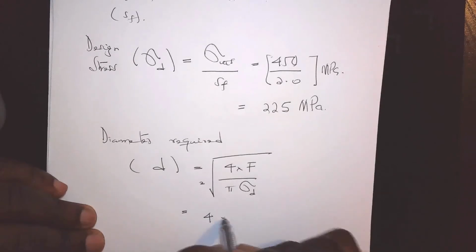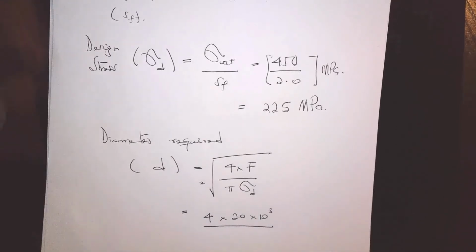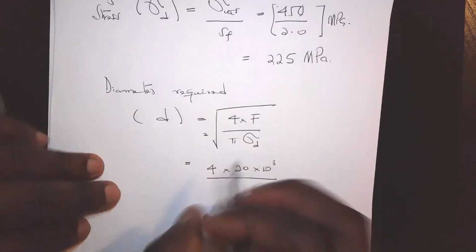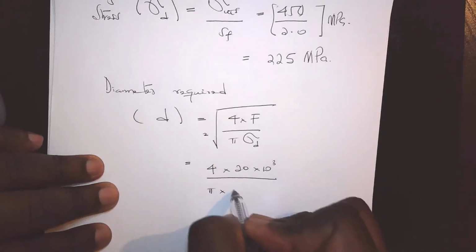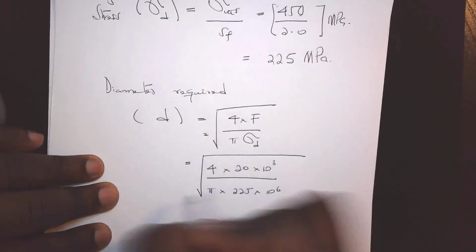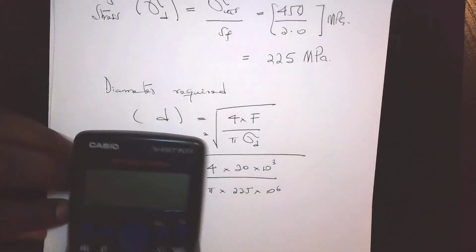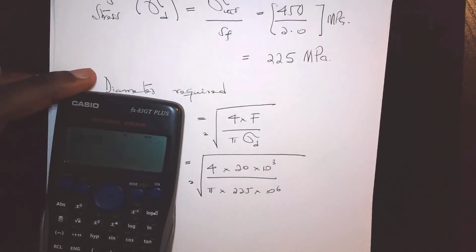So again, the applied force is 20,000, and that's being divided by pi times sigma d, which we've calculated to be 225 times 10 to the power of 6, all under the square root. So we'll bring in our trusted calculator again. So we've got 4 times 20,000 divided by, in brackets, pi times 225 times 10 to the power of 6.